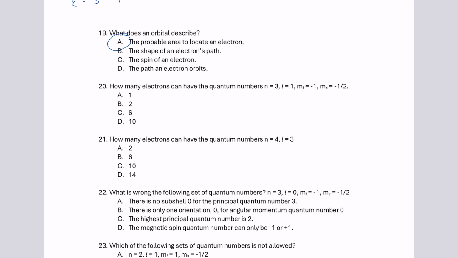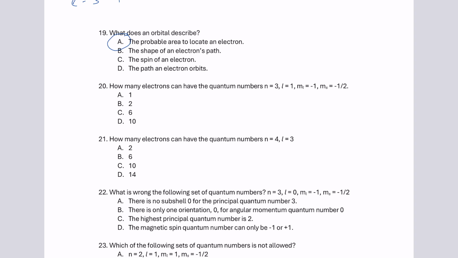20 says, how many electrons can have the quantum numbers n equals 3, l equals 1, ml equals -1, and ms equals -1/2? In this problem, we are provided with a value for all 4 quantum numbers.